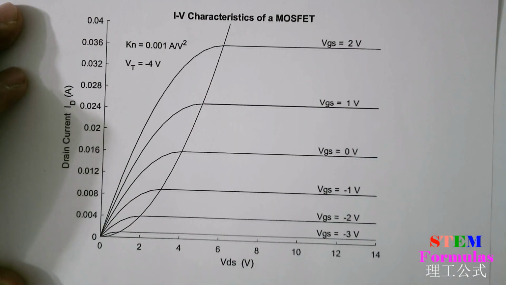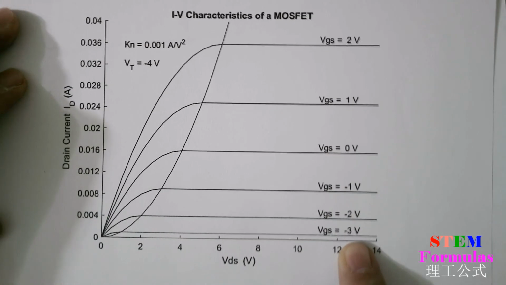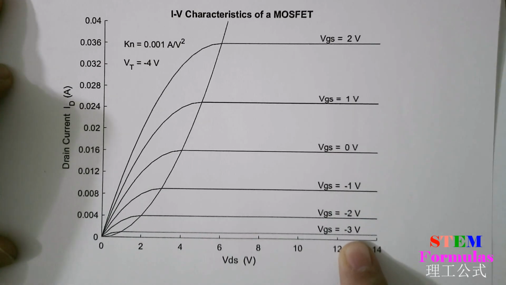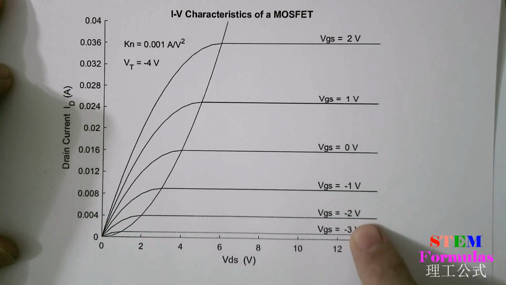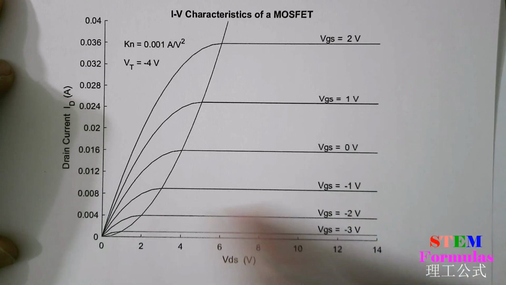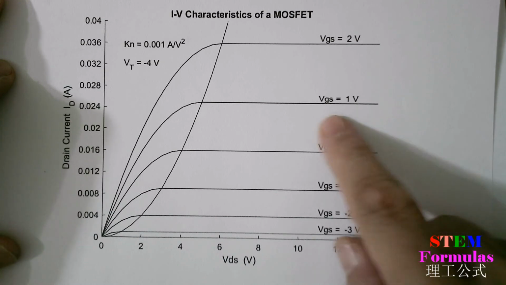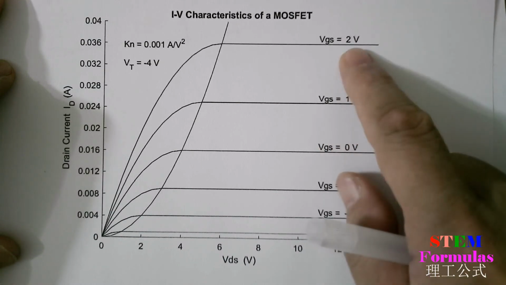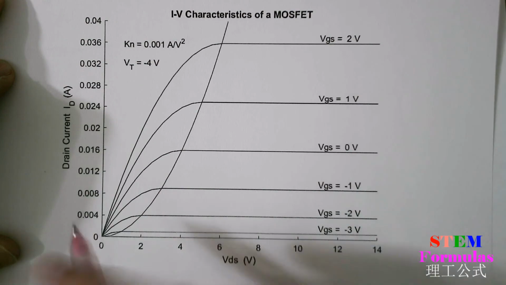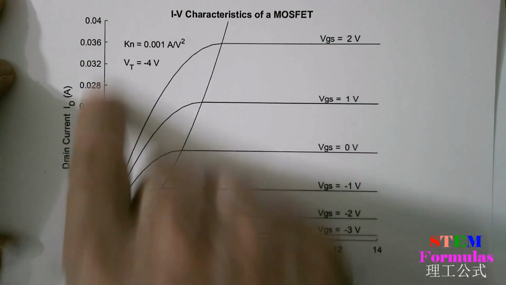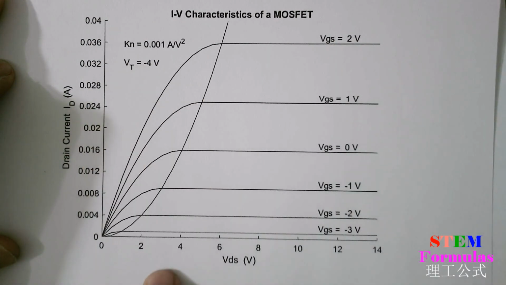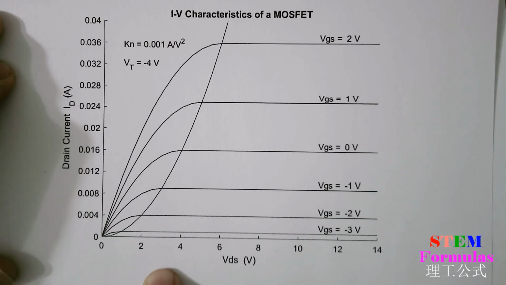Then VGS minus 3 and VGS minus 2 and VGS minus 1 and VGS 0, VGS 1 and VGS 2. And the drain current is on this vertical axis.